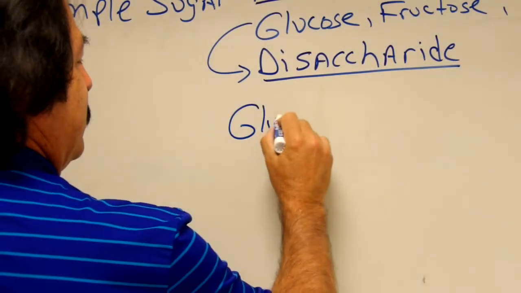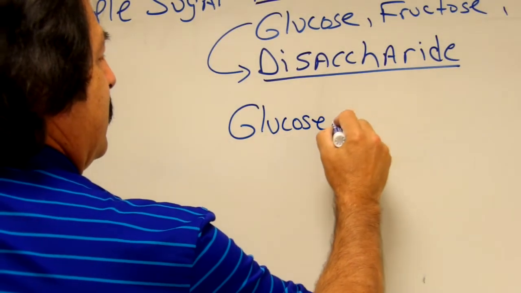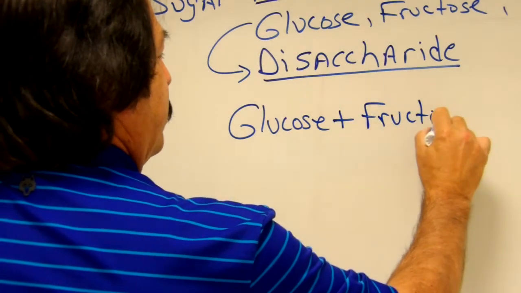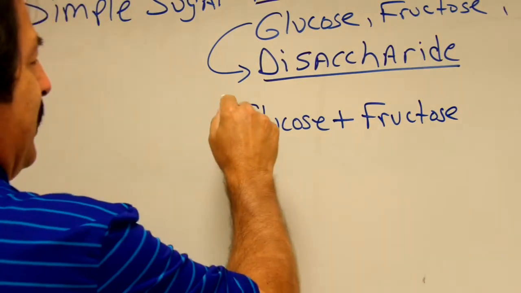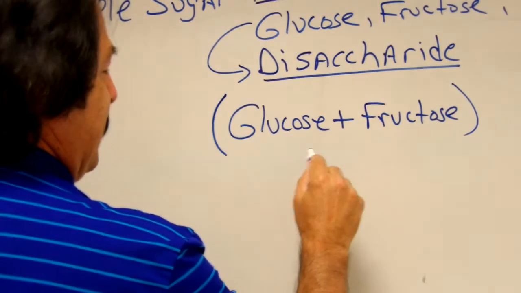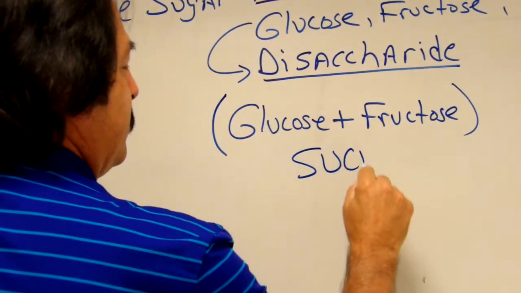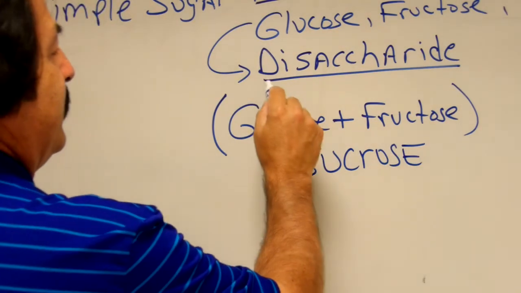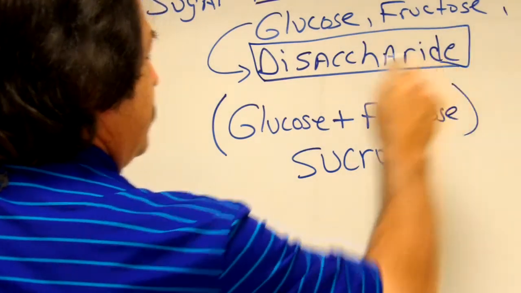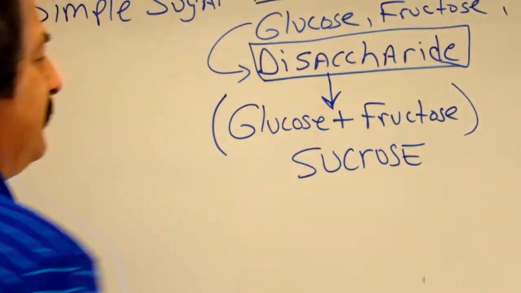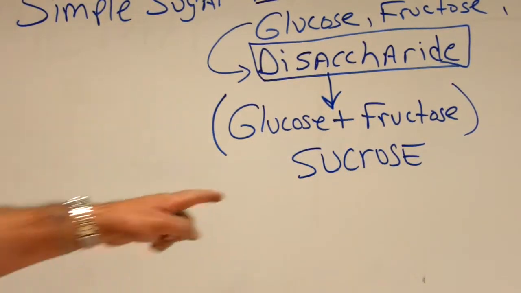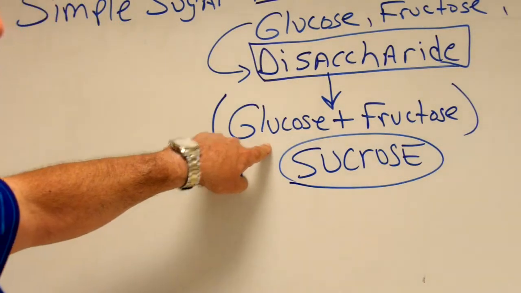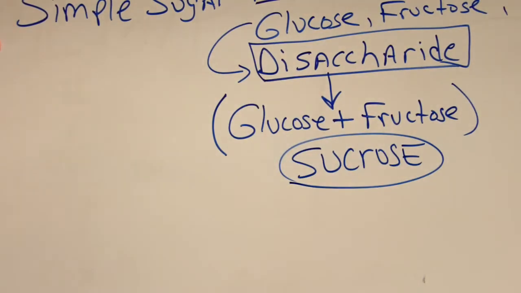For instance, glucose added to fructose makes something we call sucrose. Sucrose is a disaccharide made up of glucose and fructose.